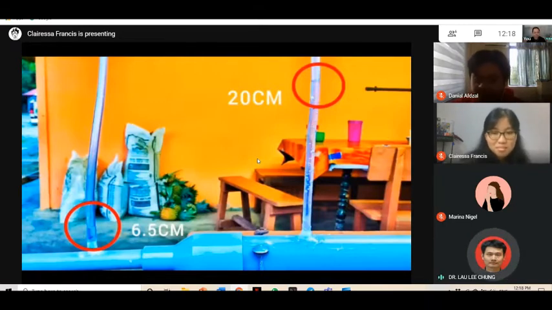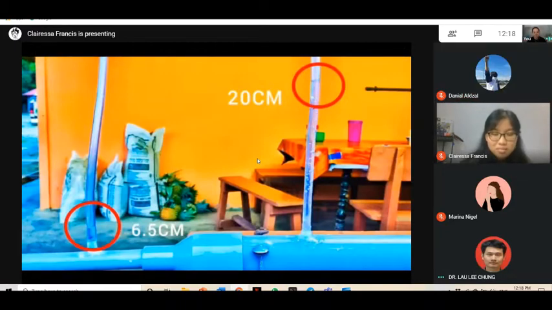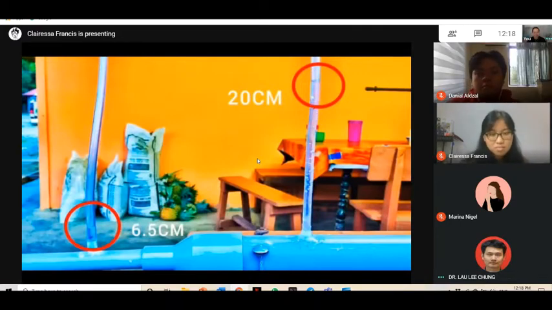What does the Bernoulli theorem say? The higher the pressure, the lower the velocity. So when pressure is higher, velocity will change. Yes. When pressure is high, the velocity at the tube will be low.